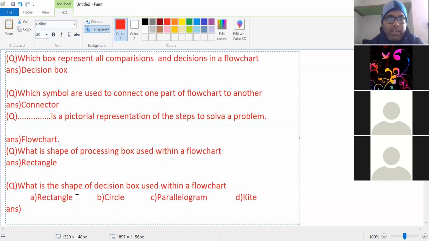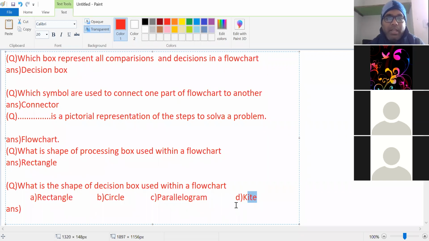The rectangle is also a quadrilateral, right? Circle is not a quadrilateral. Parallelogram is also a quadrilateral. Kite is also a quadrilateral. So out of these, all of them are quadrilaterals. Circle is the wrong answer.